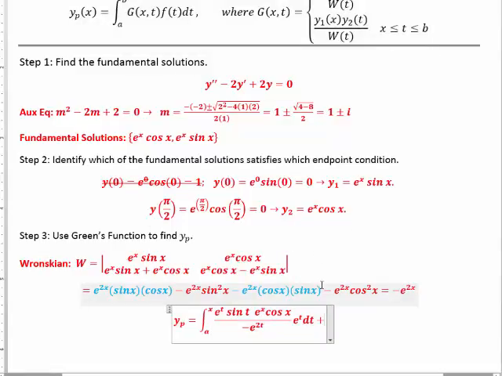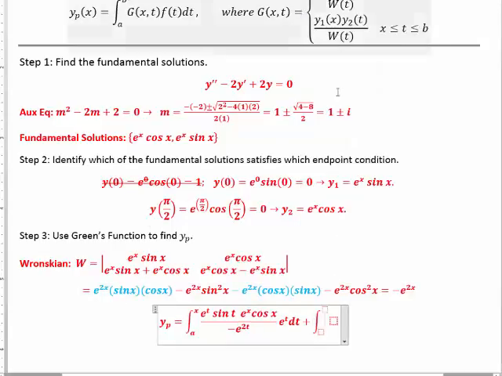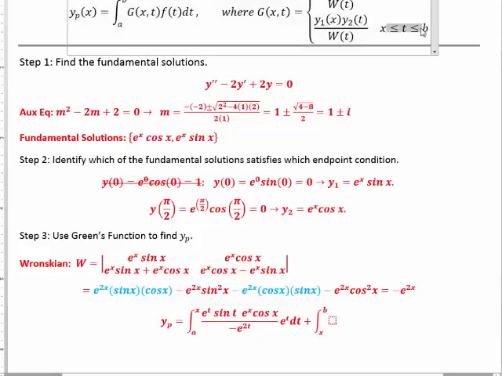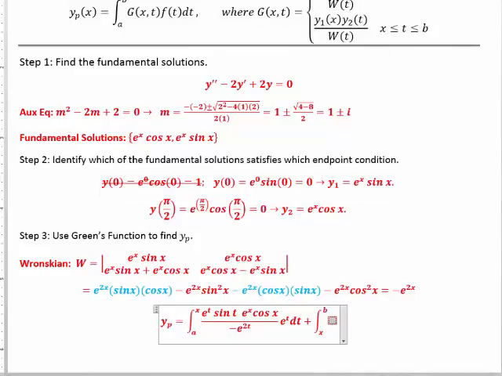And the second part, we want to add on another integral, but this time the integral is going to go from x to b. This is going to be another fraction, and we have y1, but this time y1 should be in x.